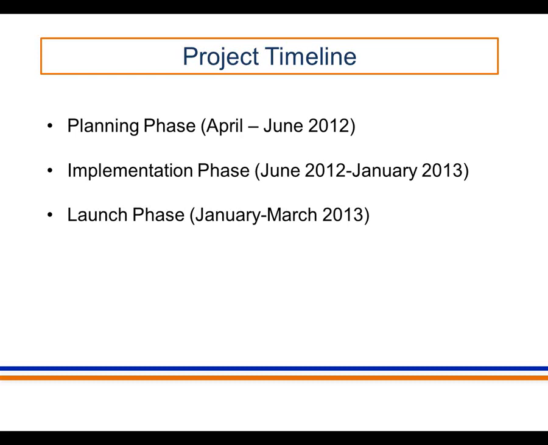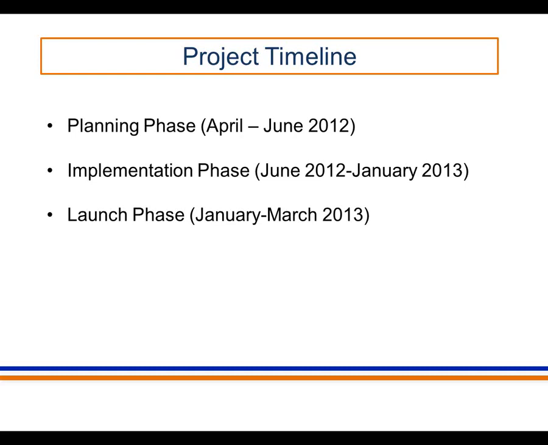The project timeline: the agreement was reached with ARL at the very end of March, and the idea is that over the next 12 months from that point we would have a live system, and we would complete the project from the UF standpoint.